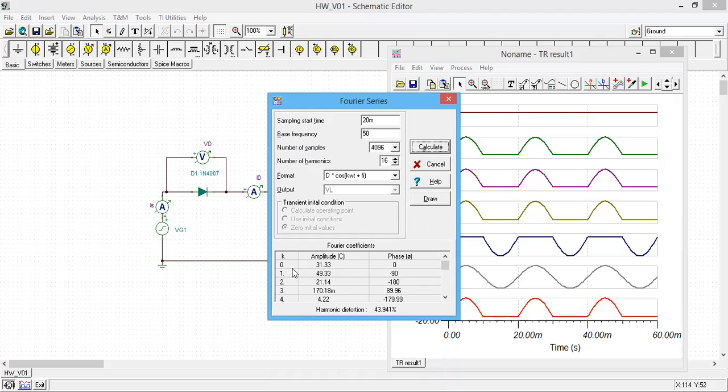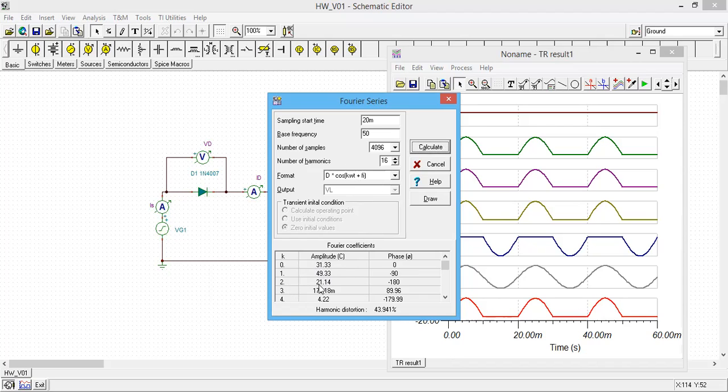You can see the 0 is the DC offset, which is the average DC value, the same one that we found from the previous case, 31.33. It is the DC voltage. And the first harmonic, the fundamental component, is 49.3.